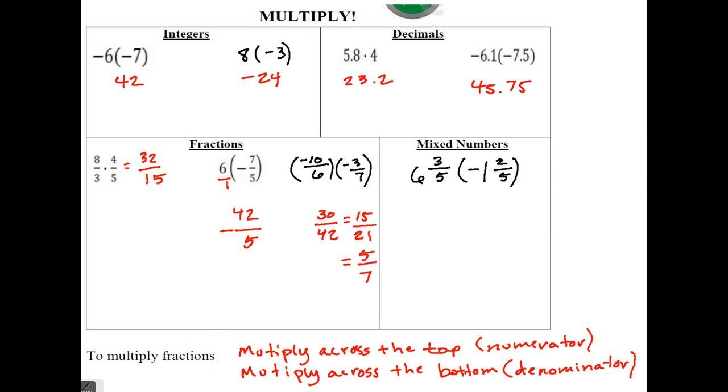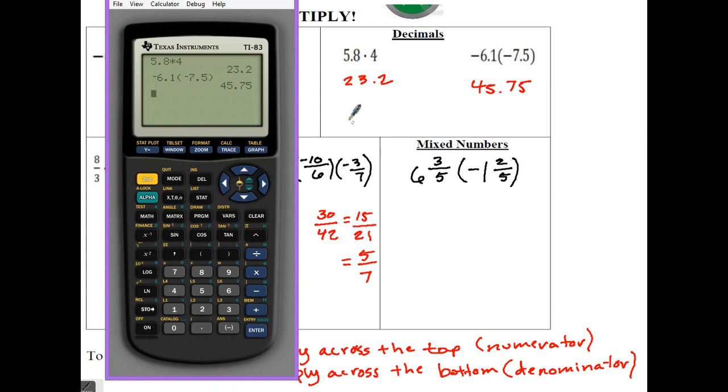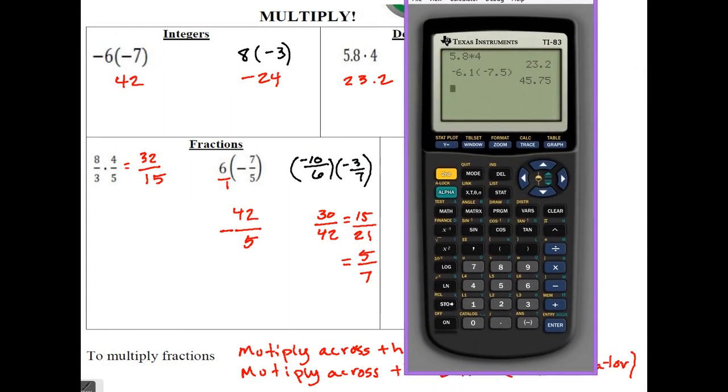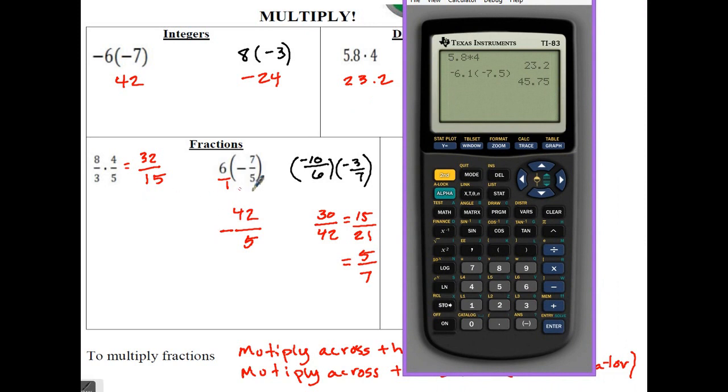Now let's check our answers with the calculator. Let's try some of these. Let's start with this one right here. Let's do the 6 times the negative 7/5. So I'll put this in parentheses: parentheses 6, and then another parentheses to multiply it by negative 7 divided by 5.